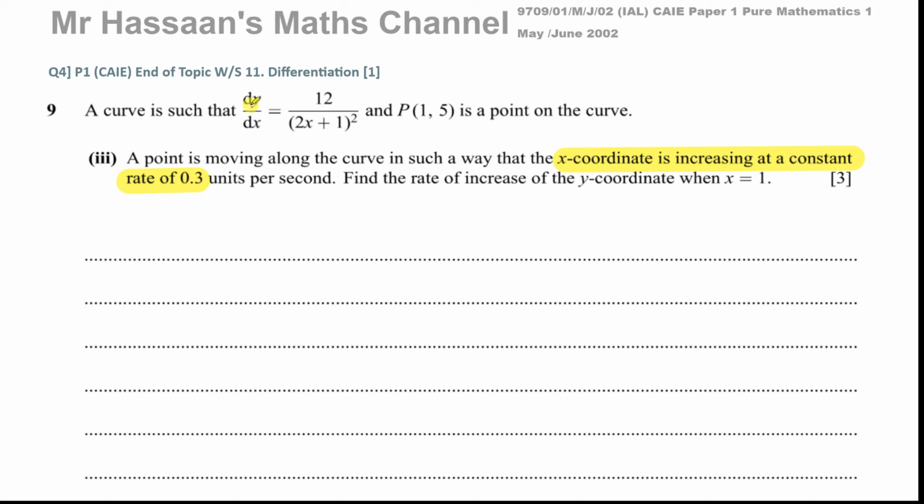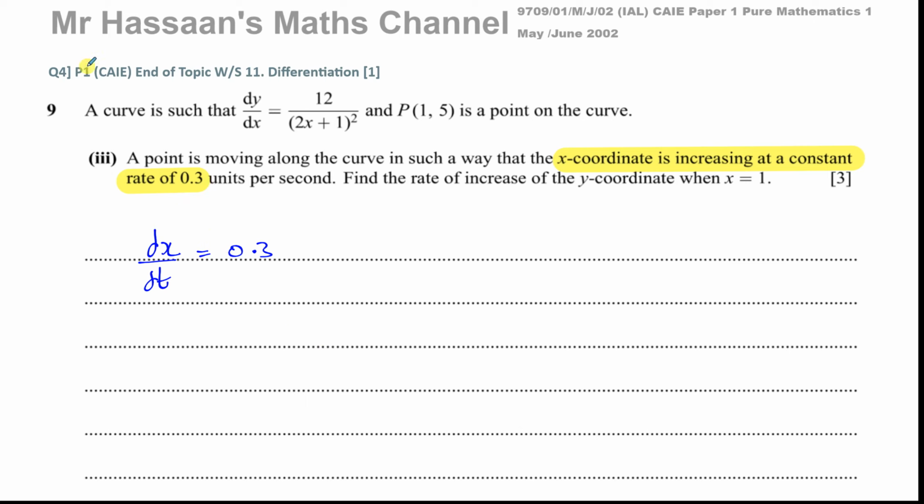Okay, so the x-coordinate is increasing at a rate of 0.3 units per second. So we can say the rate of change of x with respect to time, dx/dt, is equal to 0.3, positive. If it said decreasing, we put negative in front of it. It says increasing, so it's going to be positive.